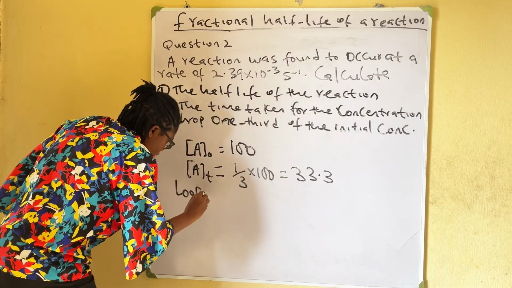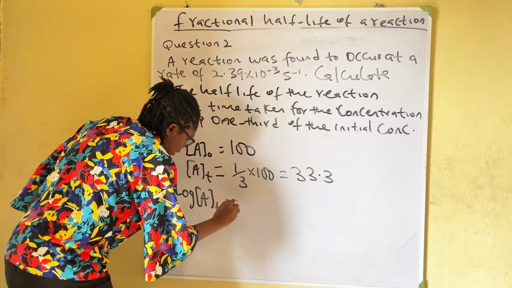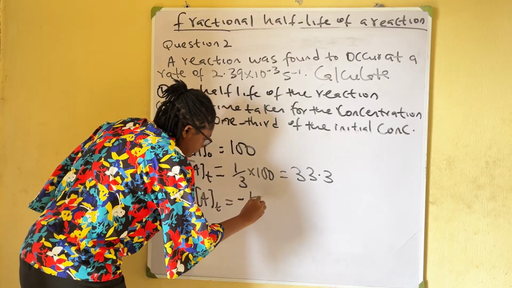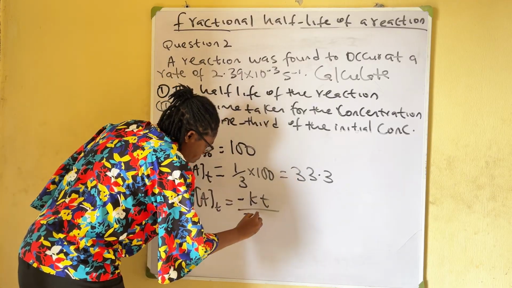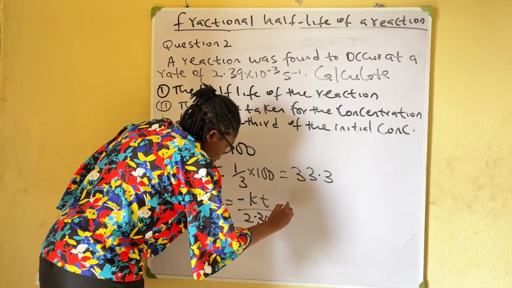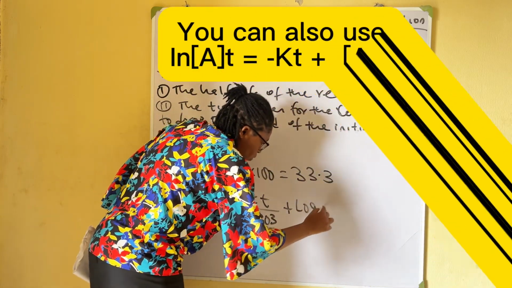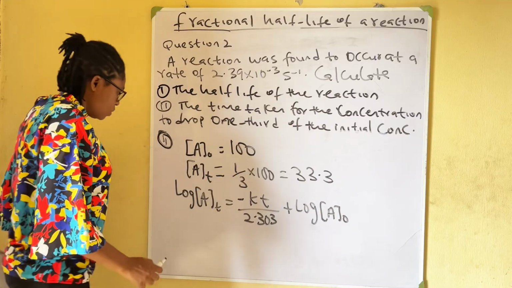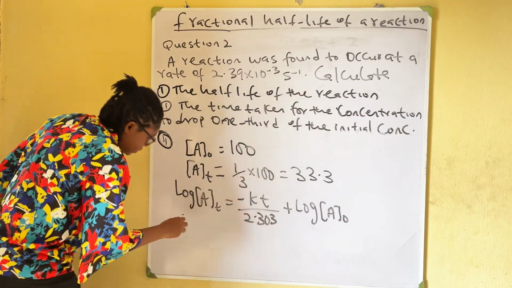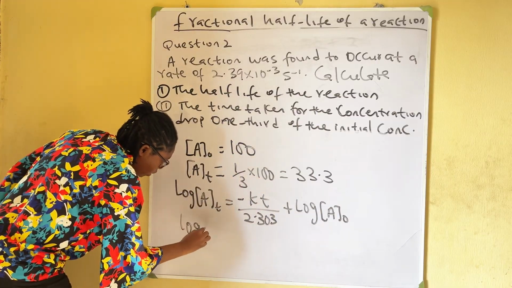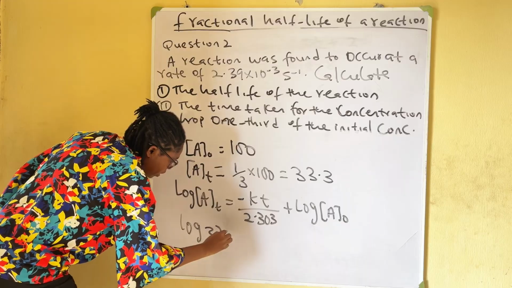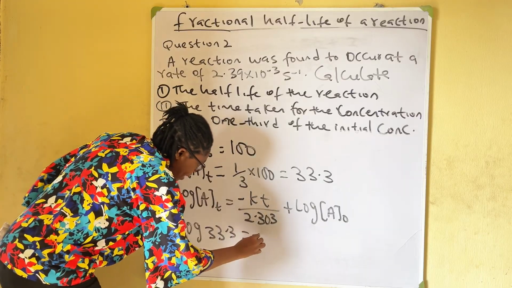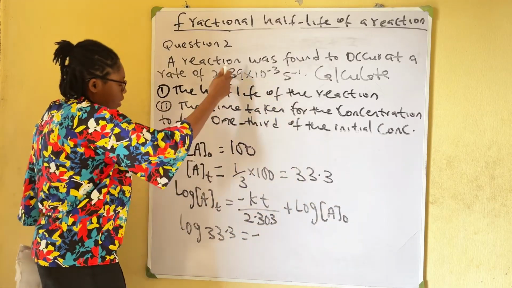So we're going to put the formula. Log concentration at time is equals to minus KT over 2.303 plus log of the initial concentration. It's good to know this formula. Know it very well. So log 33.3 is equals to minus, what's the value for K?